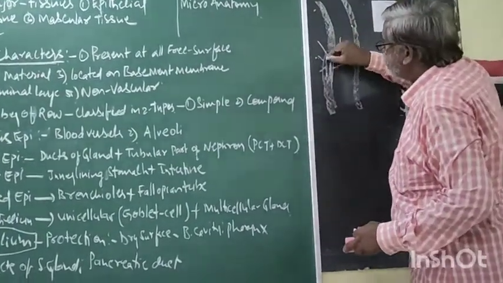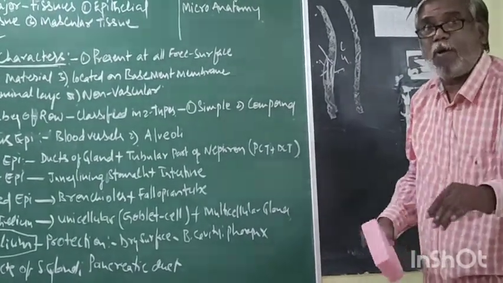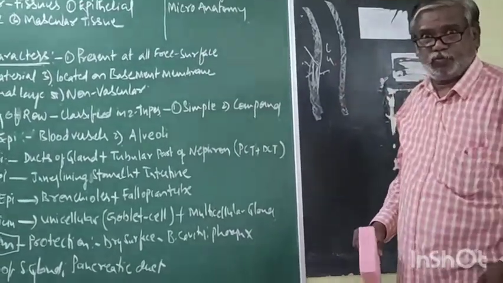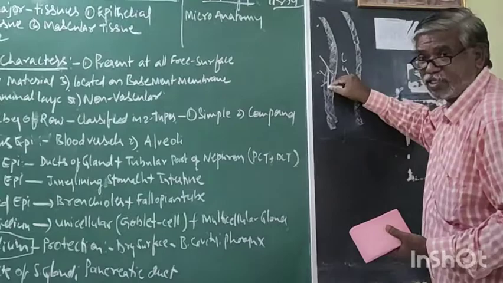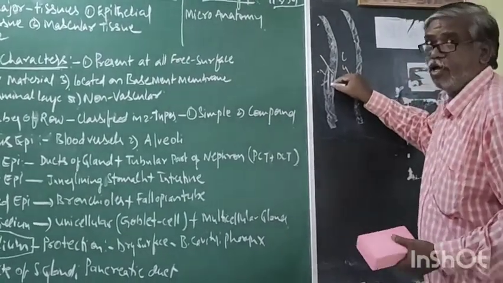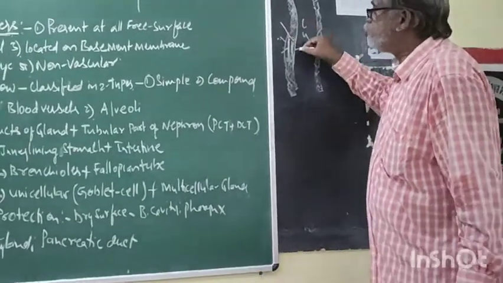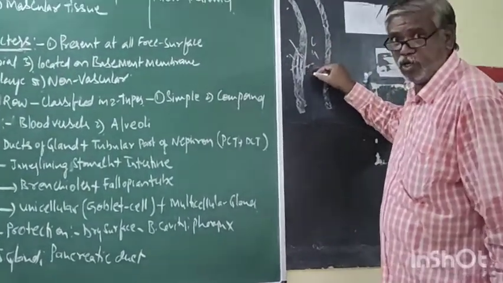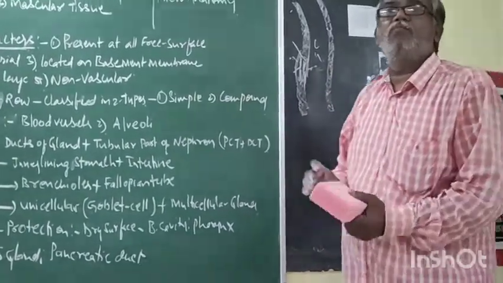Hence, second and third layers have surfaces but not free; they are covered by the surface of other layers. Where the free surface is there, epithelium is there.